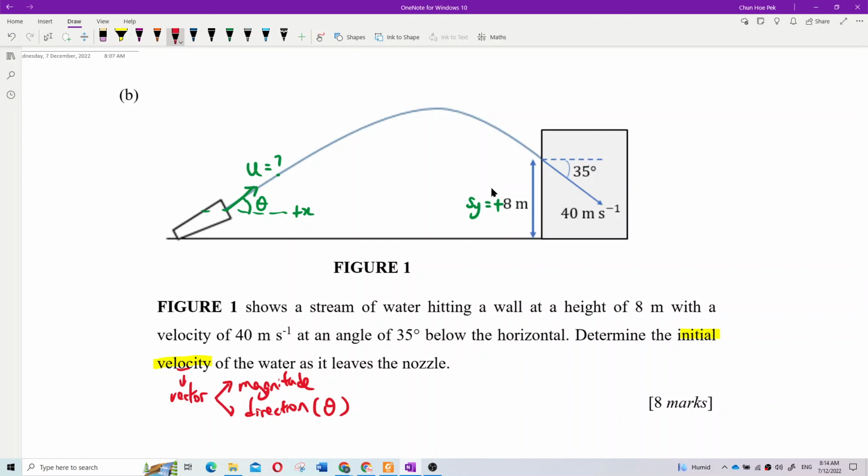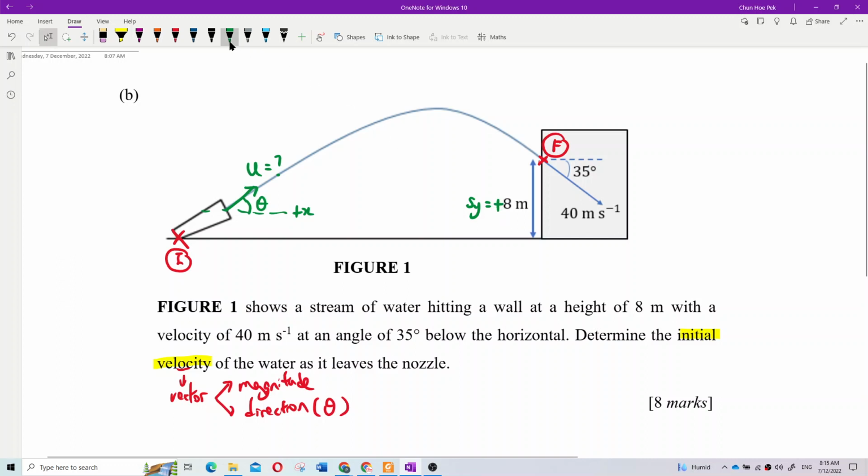We take the origin as here, the initial point, and this is the final point. So the final point is 8 meters above the initial, so that's why sy is positive.